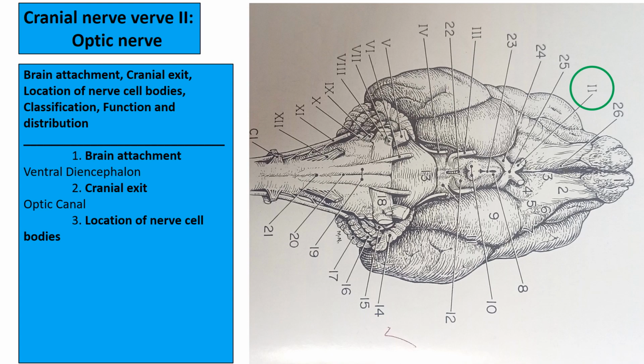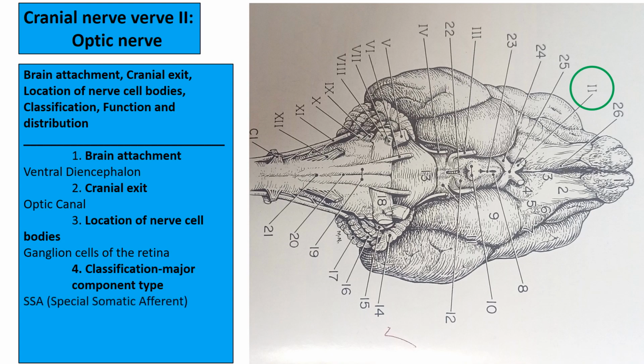Then in terms of the location of the nerve cell bodies, these are the cell bodies that receive the light impulse. So where are these cell bodies located? So we are saying they are located in the ganglion cells of the retina. And then in terms of classification as to whether it's afferent or efferent, or indeed the major component type, we normally classify the optic nerve as a special somatic afferent, or SSA.